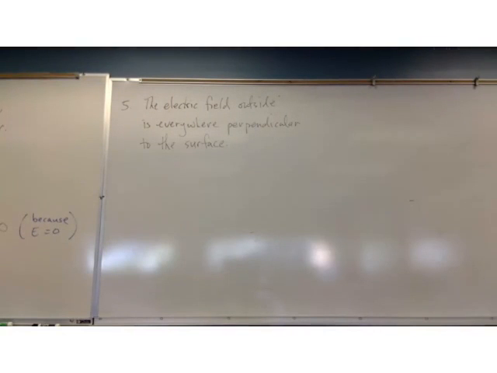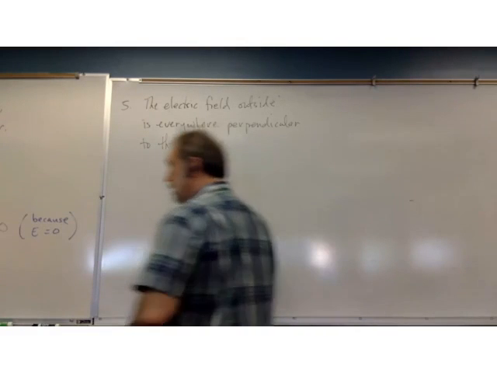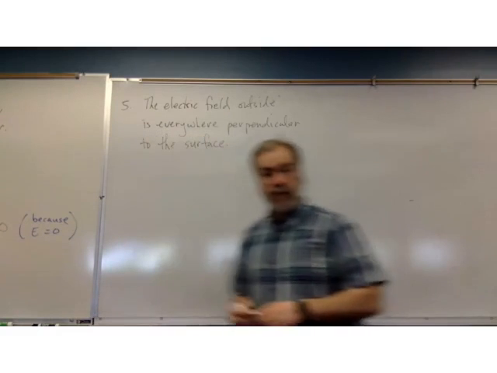I'm going to get another pen here. The electric field on the surface of a conductor is perpendicular to the surface everywhere. And again, I'll make you a drawing for that.